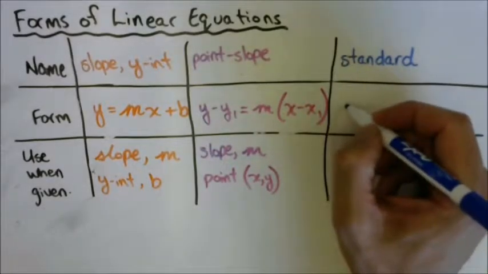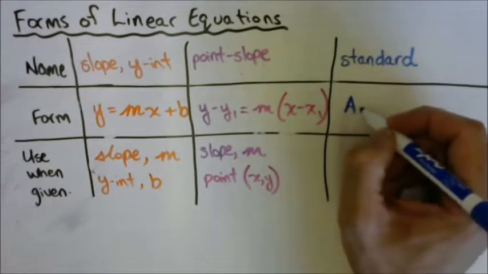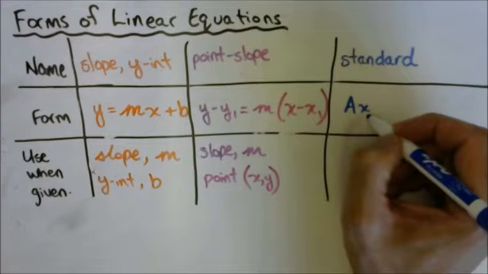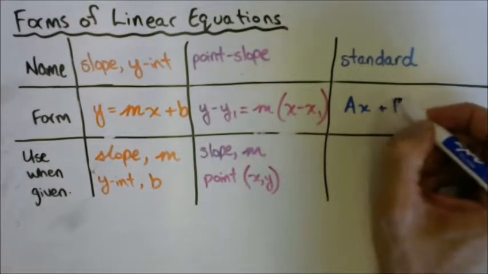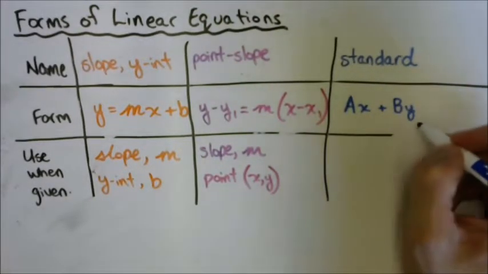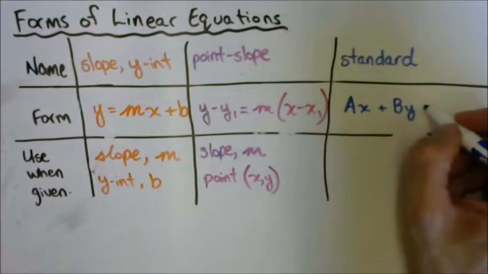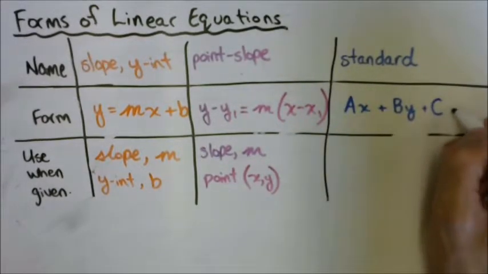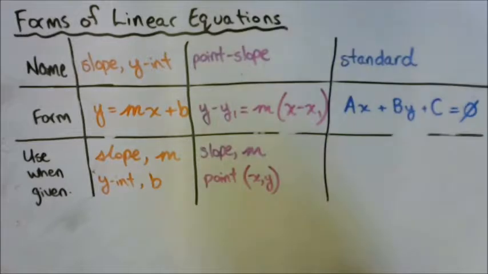And it is like this: we have a capital A, which is the coefficient of our x term, plus capital B, which is the coefficient in front of our y term, plus C, which is our constant, equals 0. And again, this gets more and more helpful as time goes on.